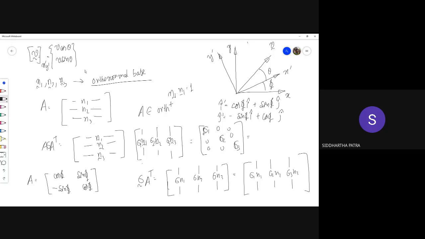Now when it comes to v represented in the xy coordinate system, that is v cos of theta plus phi, and v sin of theta plus phi.